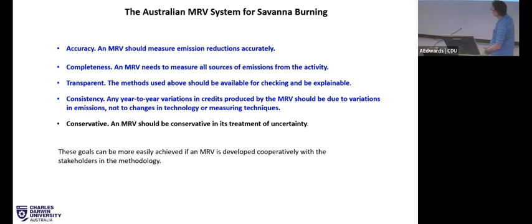What we didn't yet really have was some of the things that an MRV in particular needs. And I've put up 'conservative' there. This is the issue that an MRV is particularly sensitive to significant error. You don't want to make a significant error in your fire scar mapping, let's say.